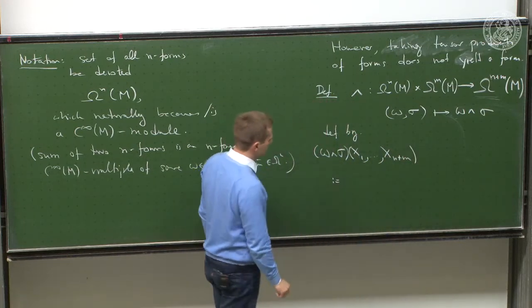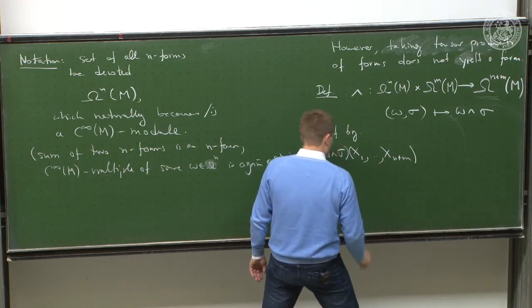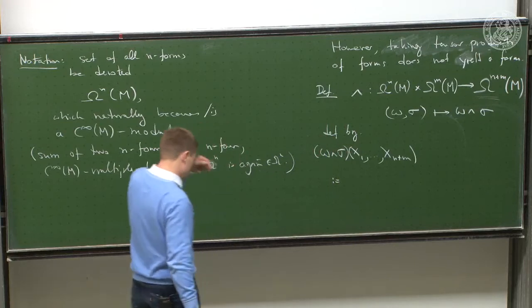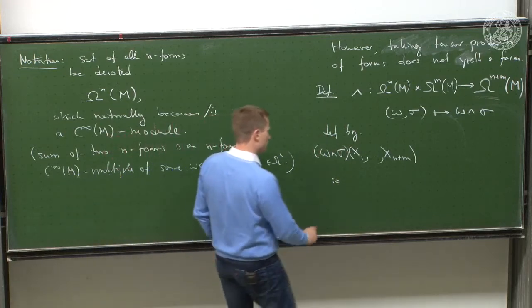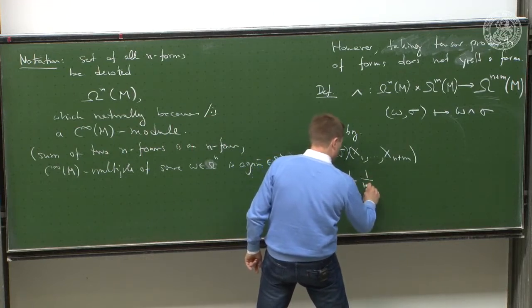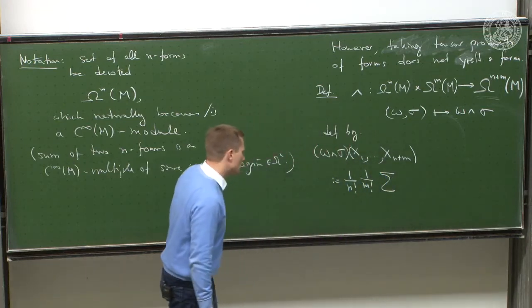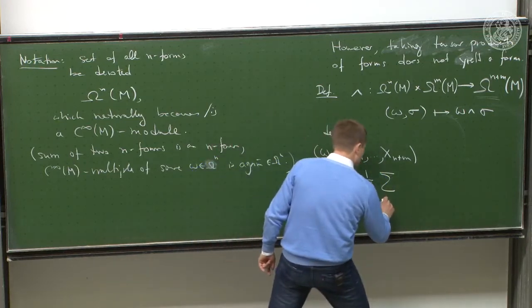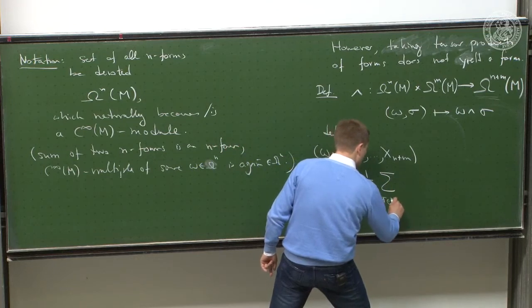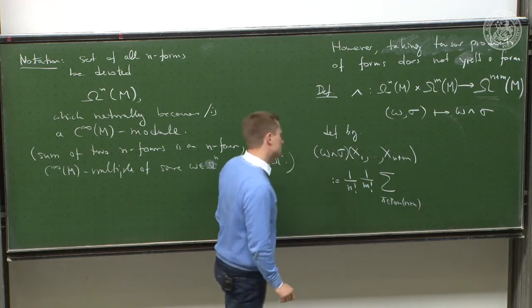We can define this as, okay, we need to take out a factor 1 over n factorial, 1 over m factorial, and then we take a sum over all the permutations of the first n+m numbers.